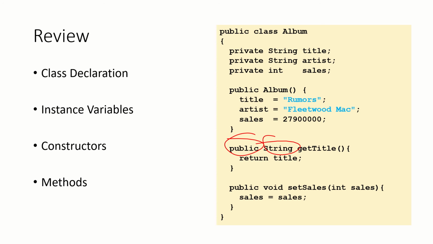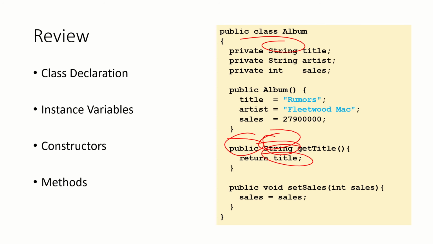Second, you need to make sure the return type is consistent with the value you want to return. In this example, we want to return the value of title, so this method has to use String.